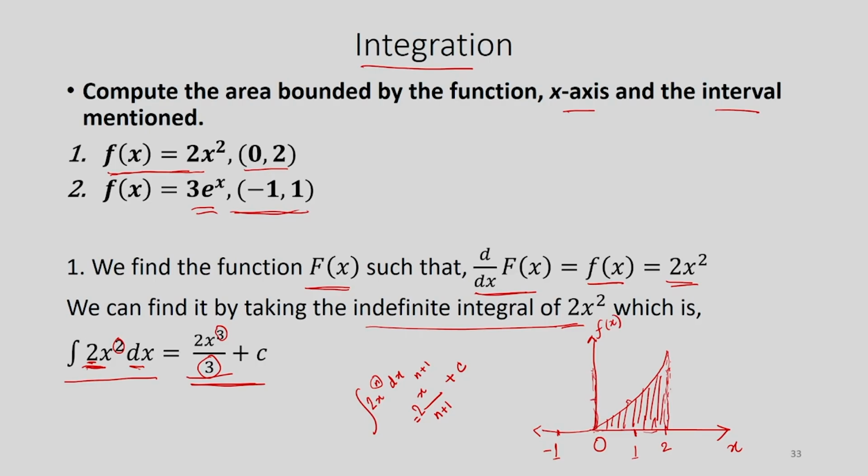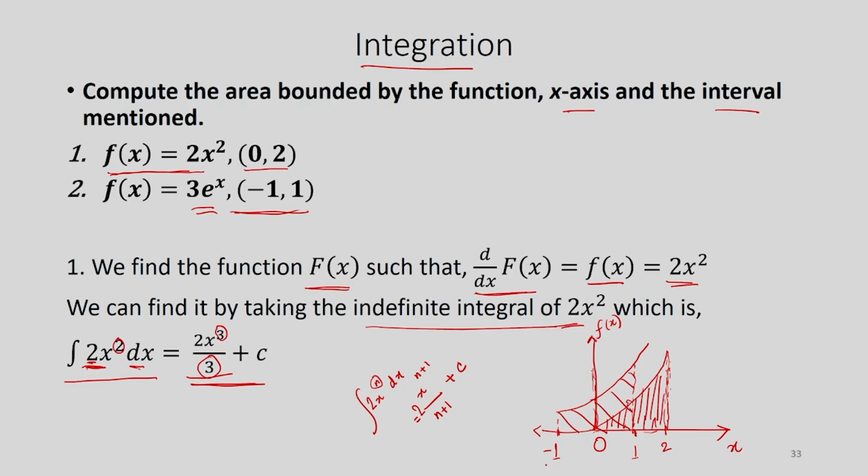So, it has a vertical intercept. So, the function will roughly look like this. Okay. So, what you have is this area. This is the area that we are required to estimate.